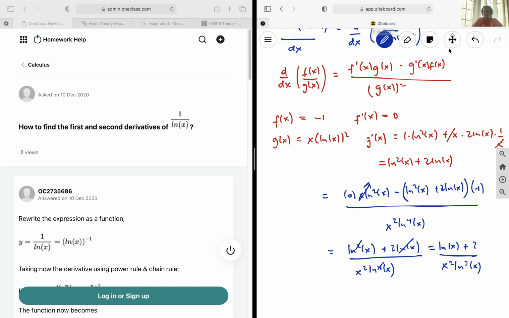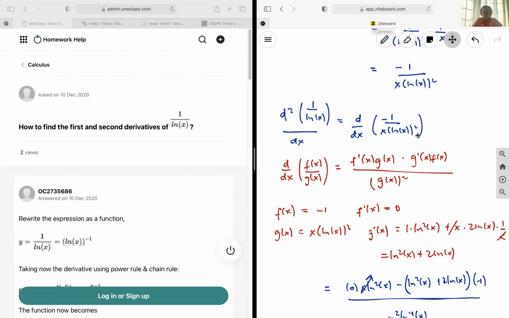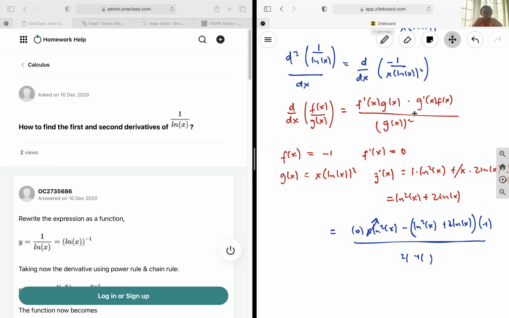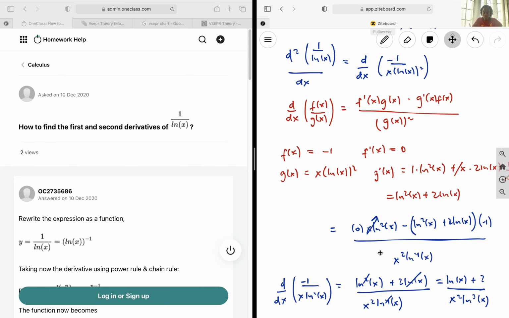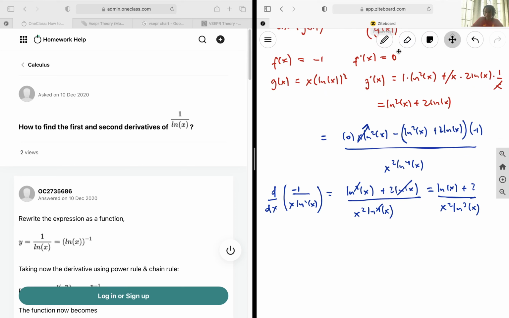Let's just scroll up to ensure that there's nothing else we're supposed to search for. So this is, as we know, d over dx of -1 over x ln squared x. Yeah, and that's exactly what we're looking for, and this is our final answer.